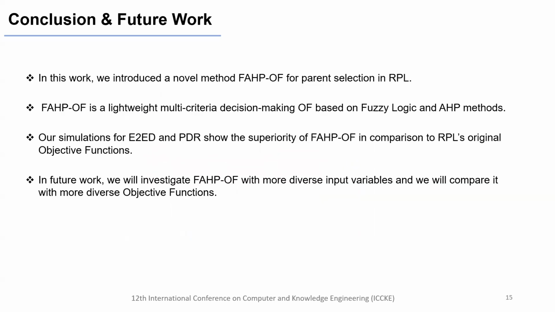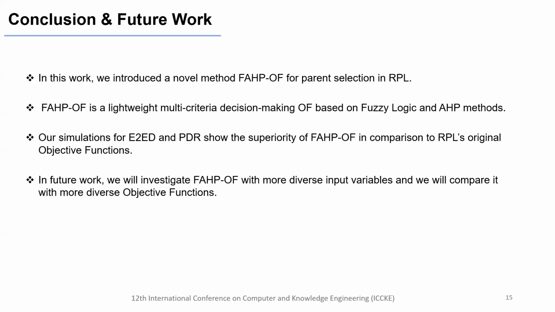So in this work, we introduced a novel objective function for parent selection in the RPL routing protocol. We introduced FAHP-OF as a lightweight multi-criteria decision-making objective function that is based on fuzzy logic and the AHP method.